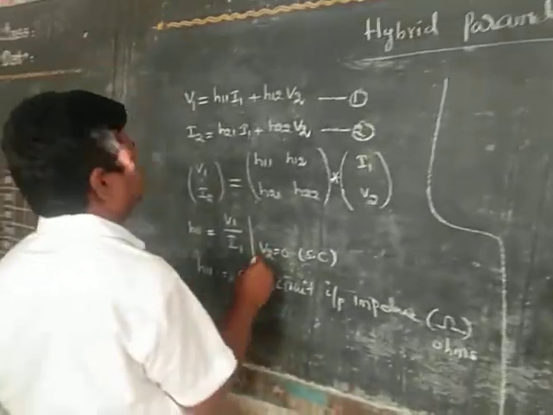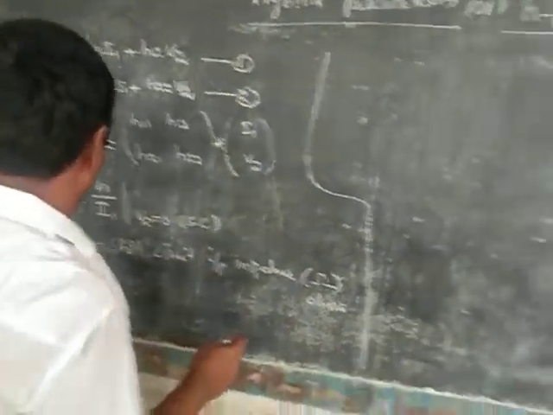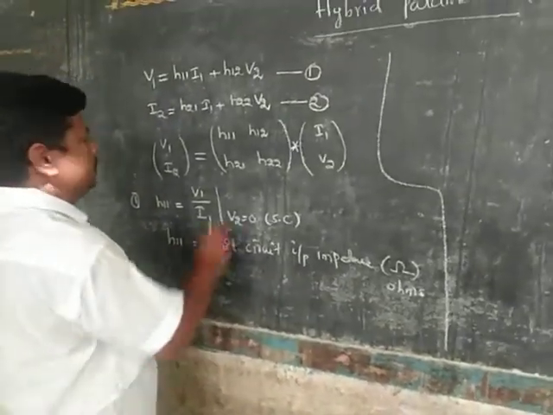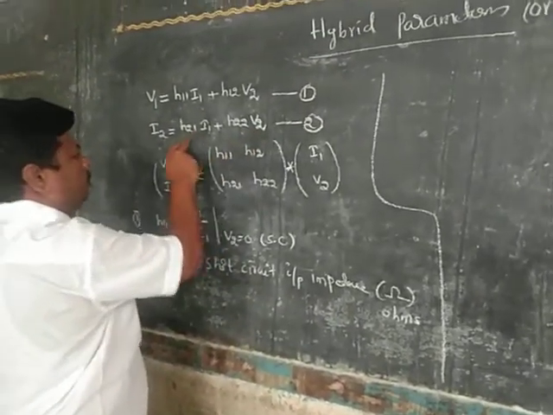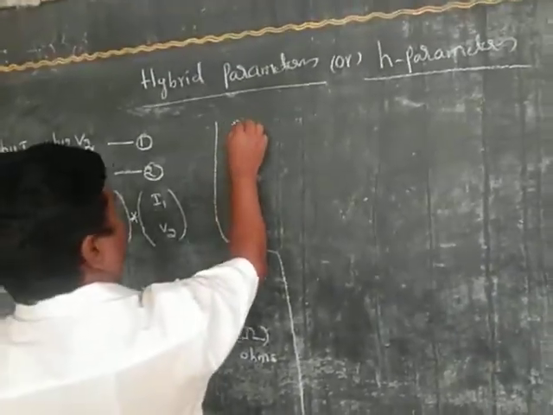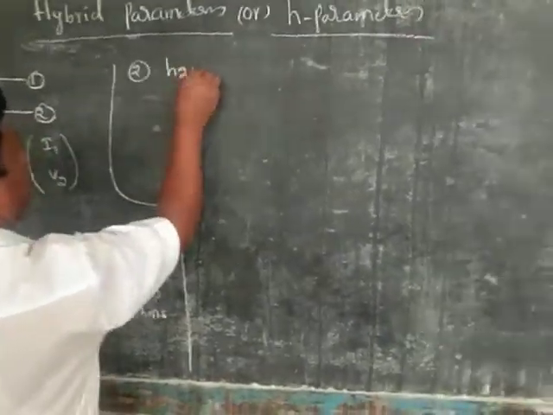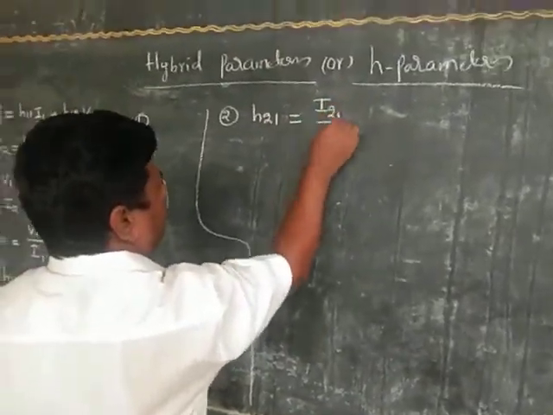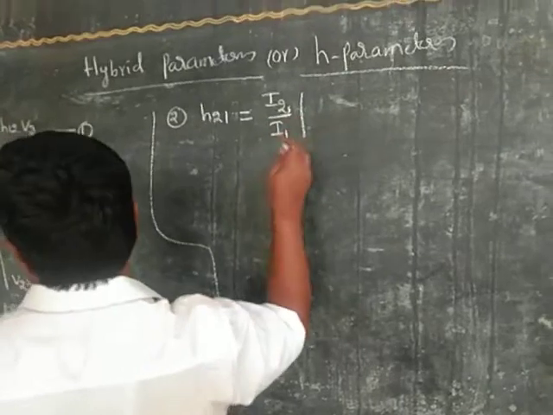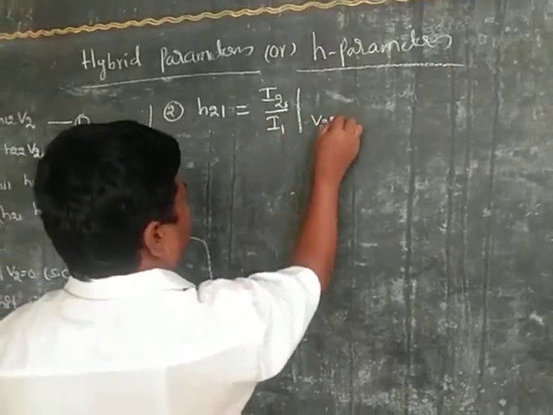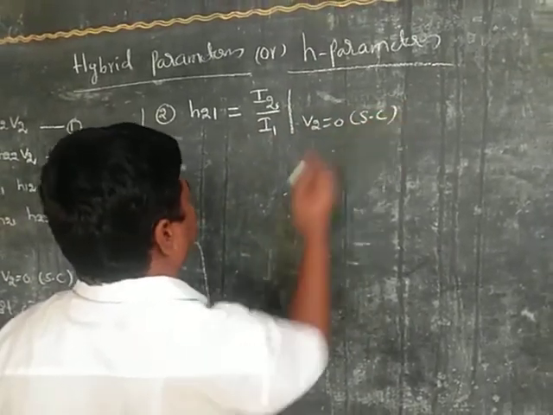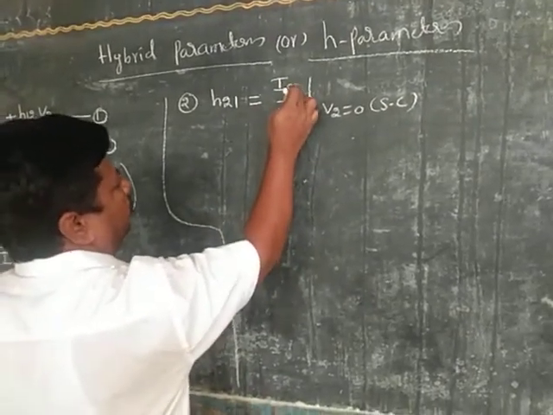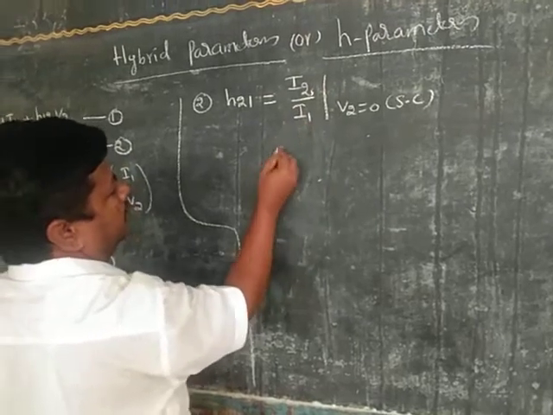Next, the second parameter, H21. Similarly, when V2 is equal to 0, H21 is equal to I2 by I1. I2 by I1 is the output current by input current gain.